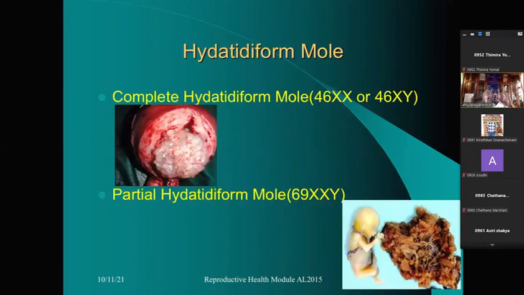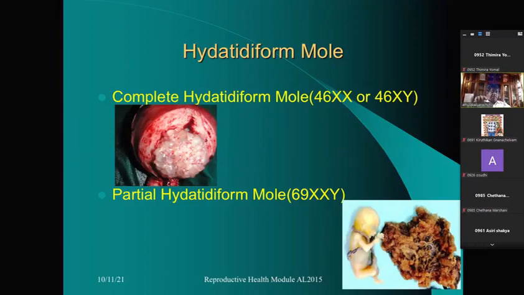Now, we'll talk about the benign ones first. The two most frequently seen: if there is only locally proliferated placental tissue, sometimes you may not detect it because you can go on to have a normal baby also.